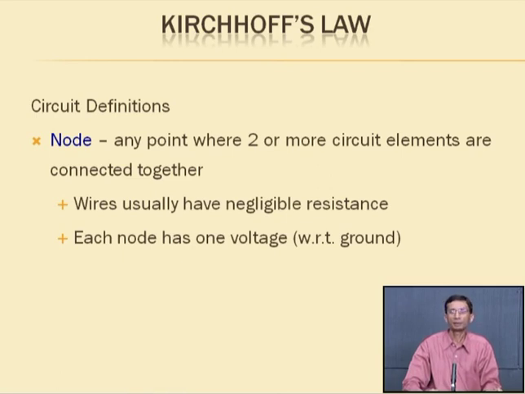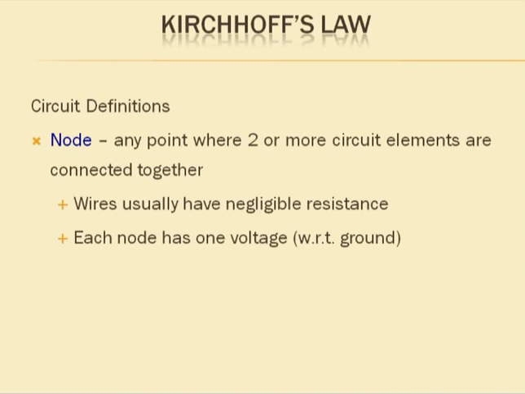Now, the wires that we are using to connect the elements have negligible resistance, and hence the resistance of the wire should be ignored. That is also something we are going to discuss, because as you already know, we have certain elements in the circuit, but to connect these elements we require wire.